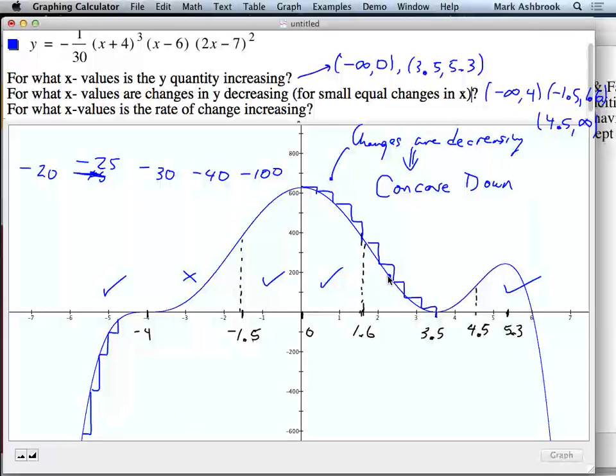In one simple phrase. Right. So if this is everywhere where the changes are decreasing, where's the rate of change increasing?